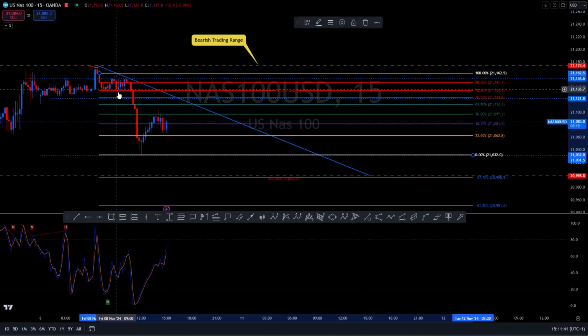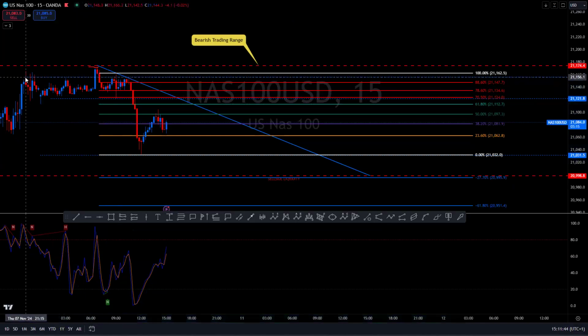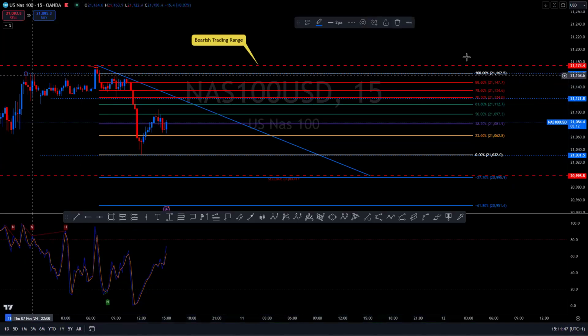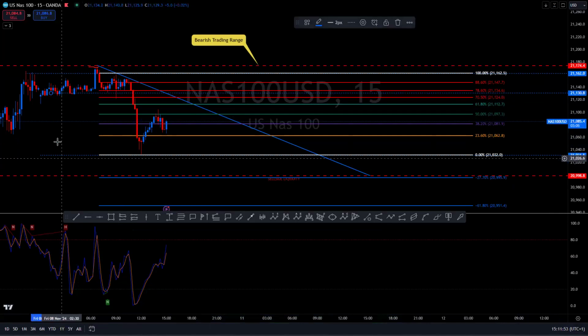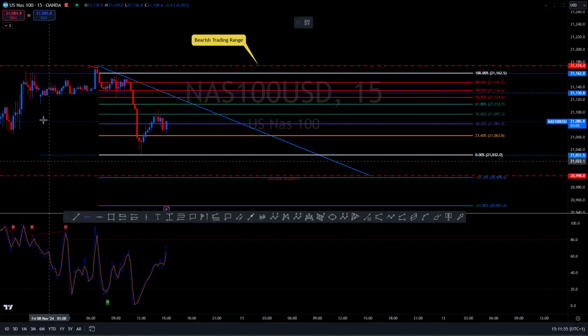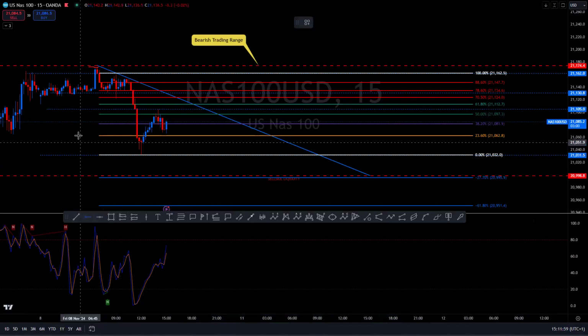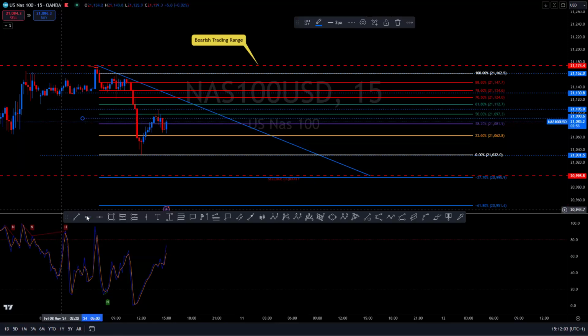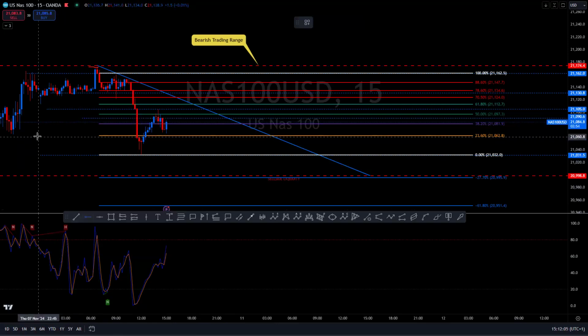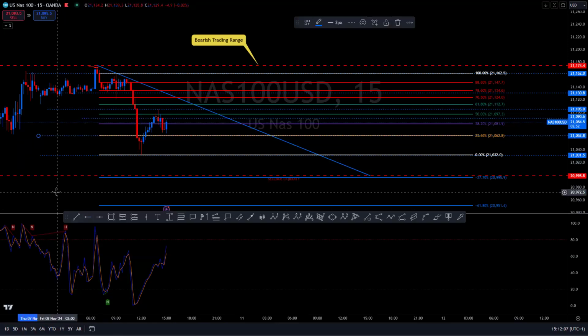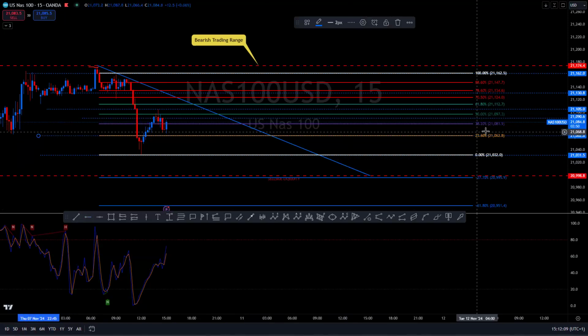So this is going to be our 100% here. Then we're going to mark up a 78 here, between the 69 and 50%, between the 50 and the 38, and then 2300 right here.